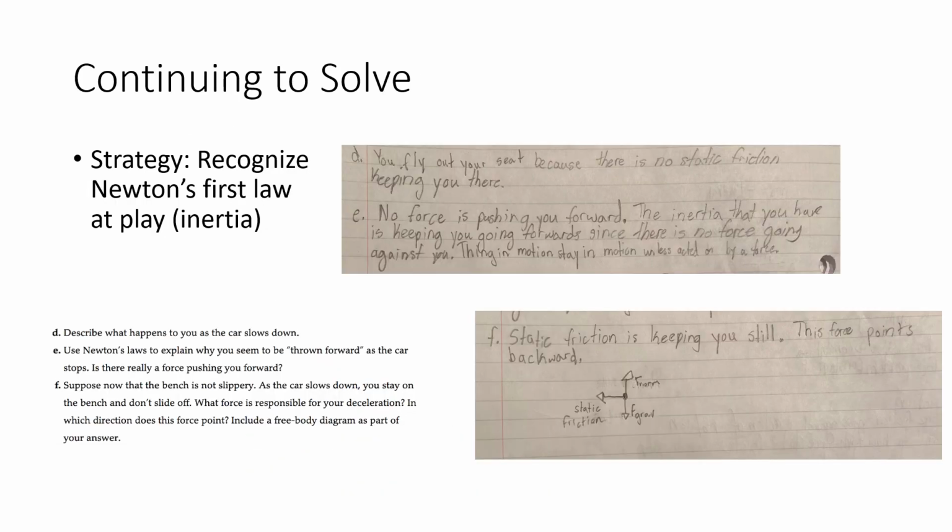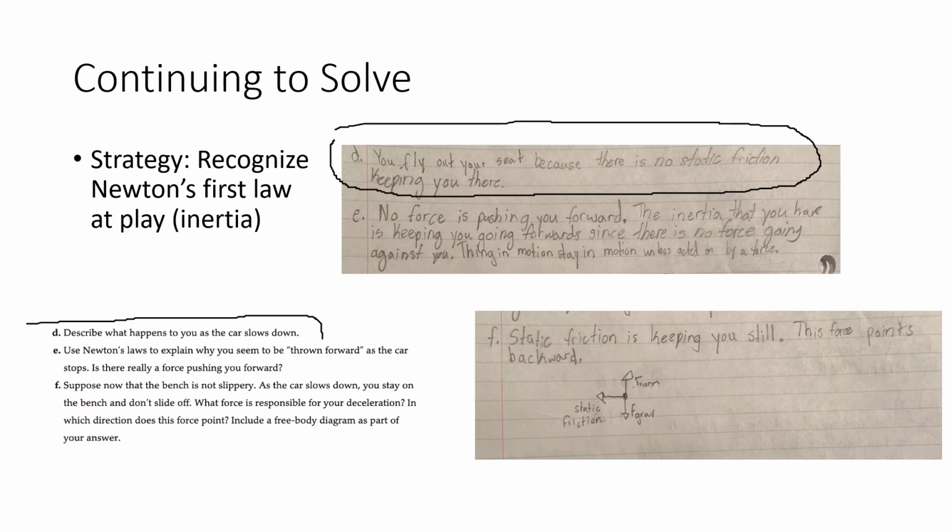The next part asks, describe what happens to you as the car slows down. You basically fly out of your seat and will likely hit the seat in front of you because there's no friction holding you in place. And use Newton's laws to explain why you feel like you're being thrown forward even though there's no force pushing you forward. Well, this is because the car is slowing down, but you're not.